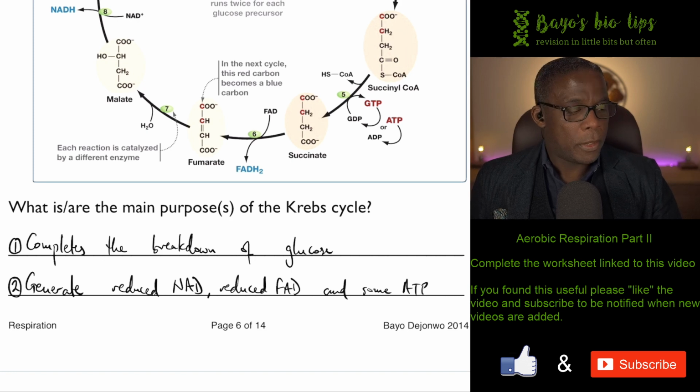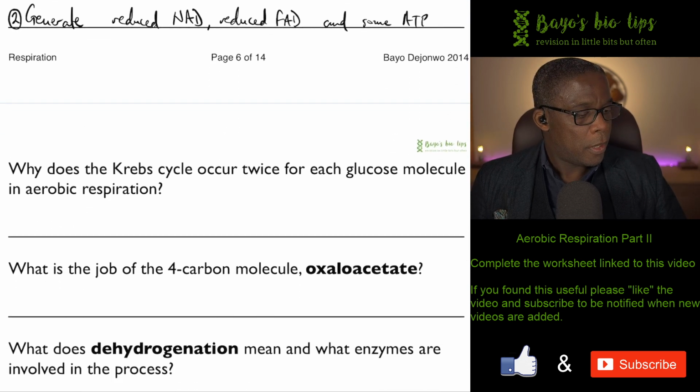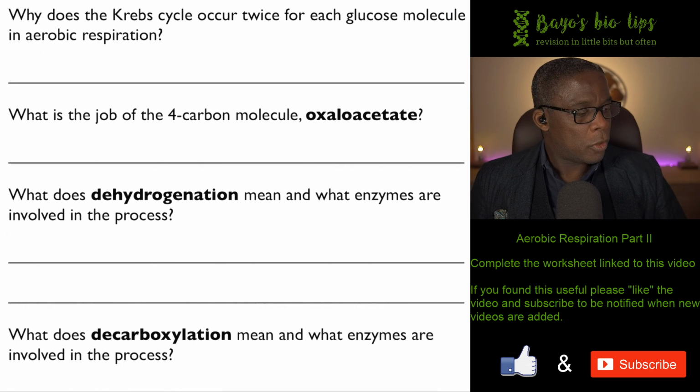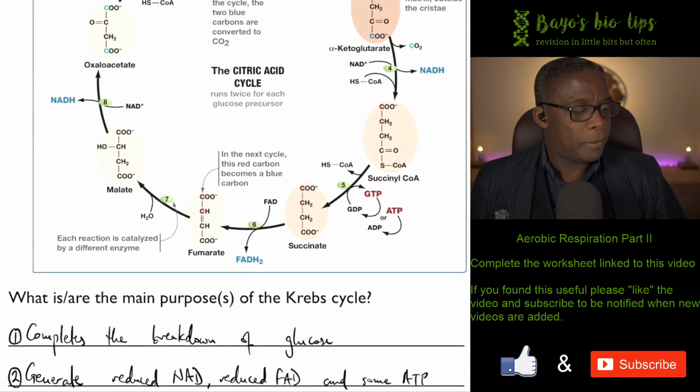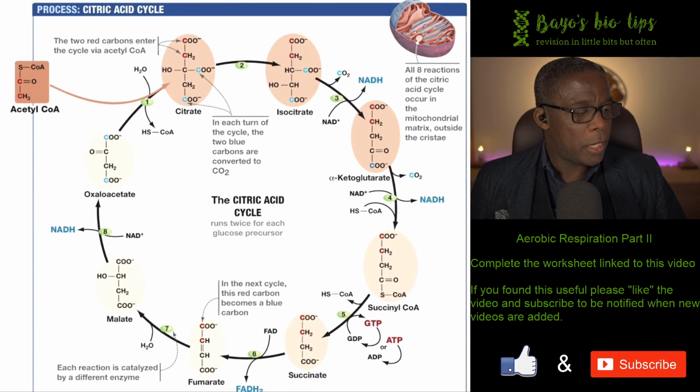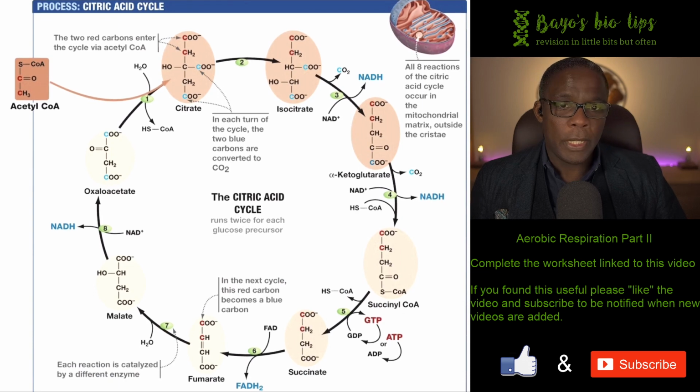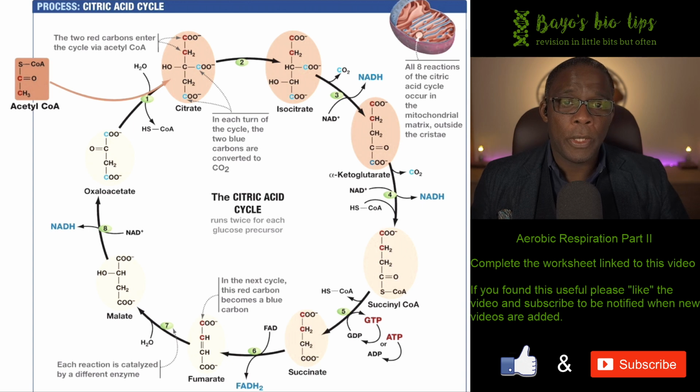Okay, so the next bit. Why does the Krebs cycle occur twice for each glucose molecule in aerobic respiration? So let's have a look back here. As you can see, the molecule that is put in is acetyl coenzyme A, which is a molecule we end up with at the end of the link reaction.